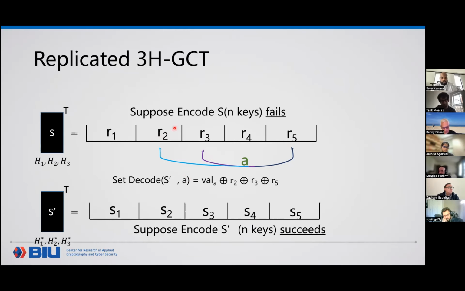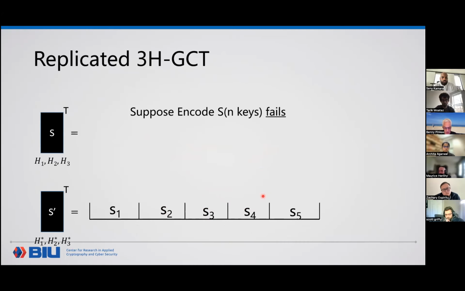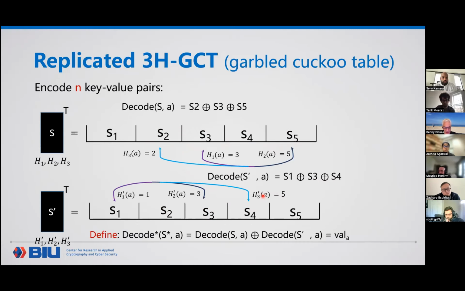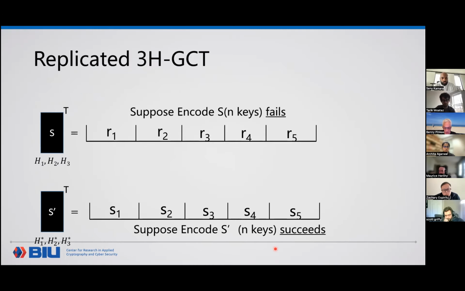So in the first table, it's going to give me for A R2 XOR R3 XOR R5, because A was mapped to these three locations here. What I want to retrieve for A is this value of A. In the second table, the hash functions work well for me, so I'm going to put there what it's going to retrieve for A. The way this hashing works is that you retrieve a value from the first table and from the second table, and you XOR the two.